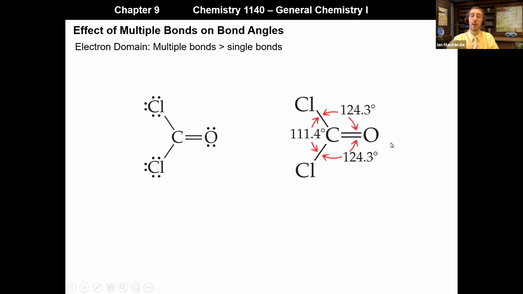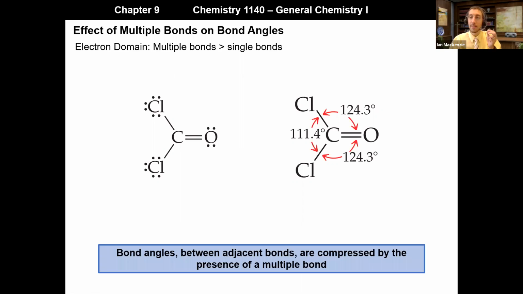And that's simply an effect from the larger region of space that's occupied by that double bond pushing back on the other two bond angles. So it increases the bond angle between the double bond and the other bonds, but it compresses the other bonds' bond angles. And so that's the net effect here as well. So lone pairs and multiple bonds both act to compress bond angles between adjacent bonds.